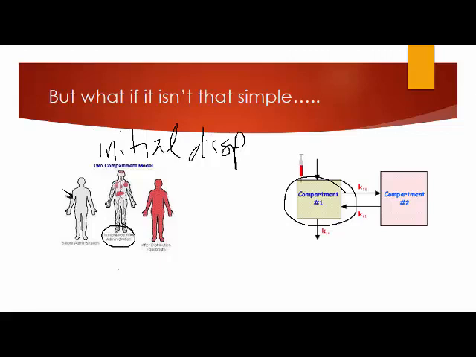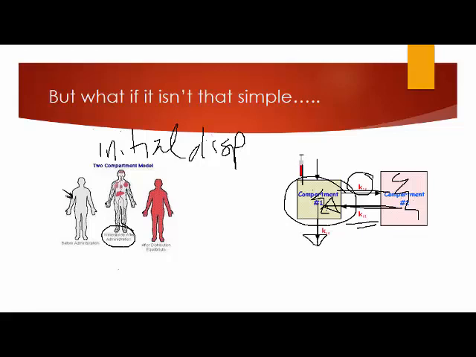So the drug comes into compartment one, into the bloodstream, and then it moves at a rate K12, so it's moving from compartment 1 to compartment 2, which is the other tissues in the body. And then it also needs to move back from compartment 2 to compartment 1, so this is K21, back into the first compartment, which is the bloodstream and those highly perfused organs, and that's where it has to be to go out of the body.